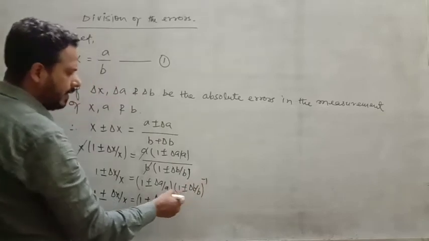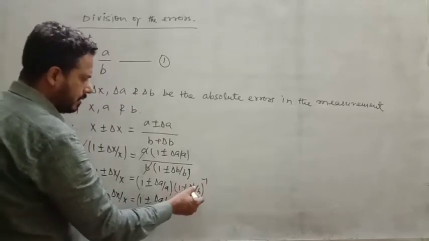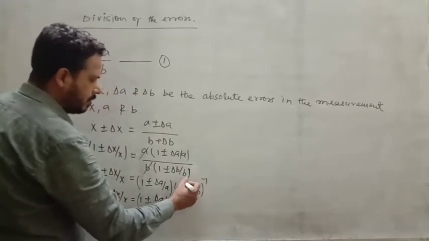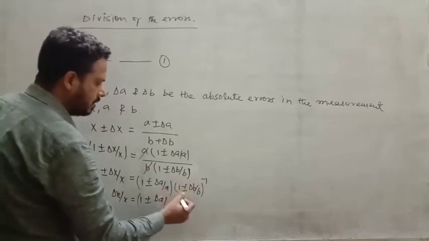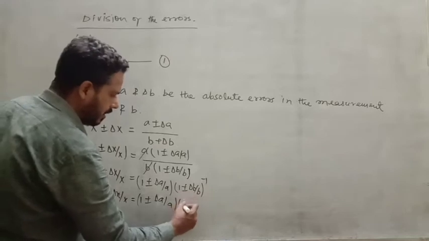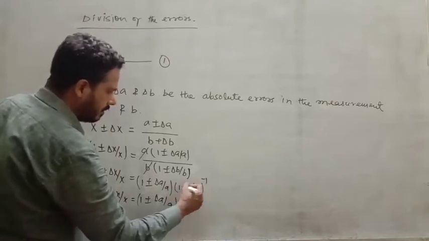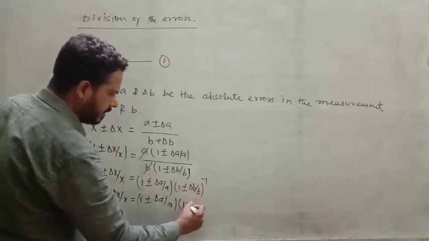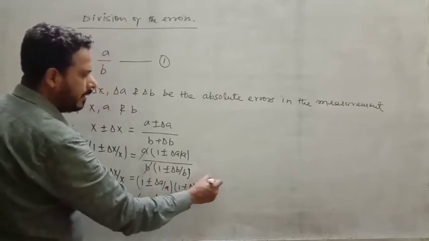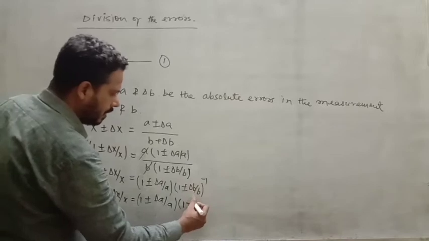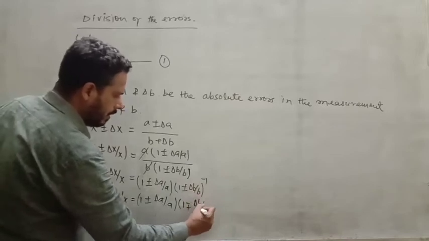There is no effect on the result, so you can write either plus minus or minus plus, but for your concern I am going to write here minus plus, after multiplying the last factor by minus 1, delta b by b.